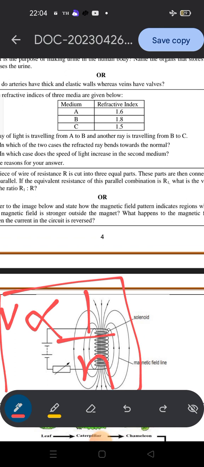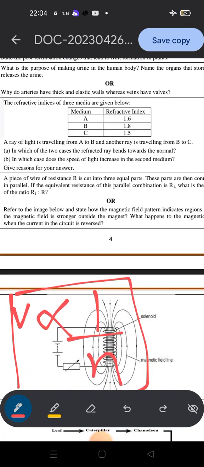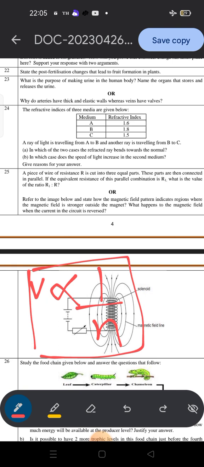The speed of light will be more in medium A, which is the first medium, whereas in medium B, which is the second medium, the speed of light will be less, because speed of light is inversely proportional to refractive index. But here in question B, they are asking whether the speed of light increases in the second medium. Therefore case A, the first case, that is light traveling from A to B, is not the correct answer for this.